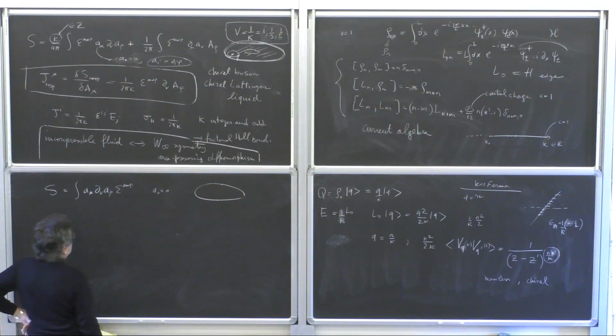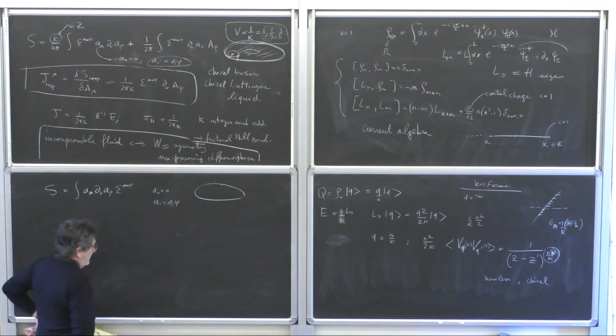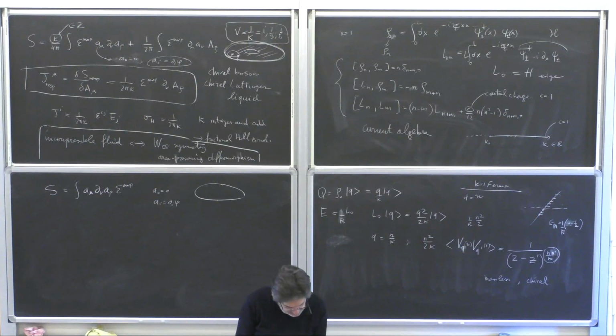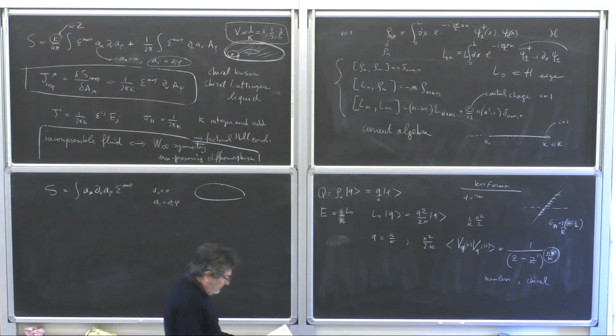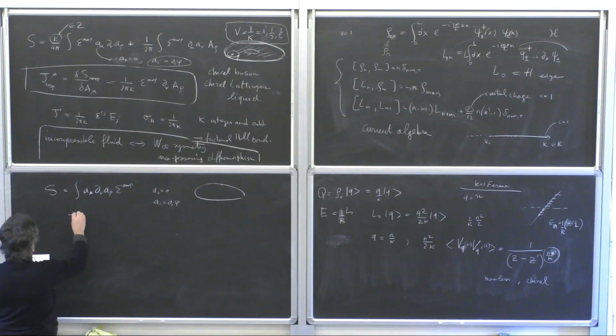And then you have to put A_i equal to d_i phi, which is a gauge degree of freedom, okay? And then this action reduces to a total derivative.